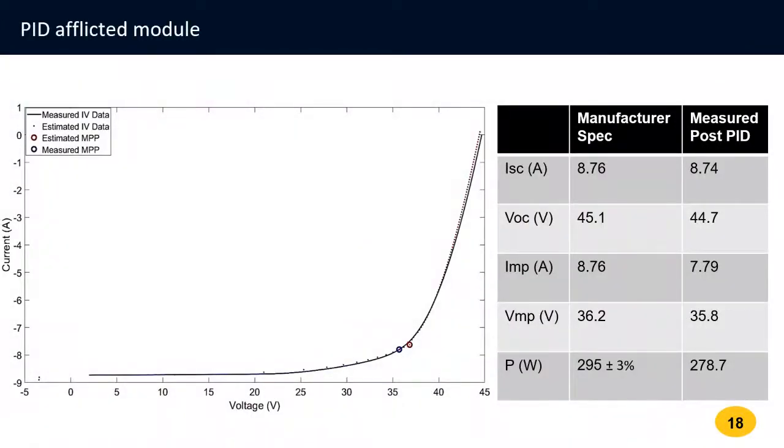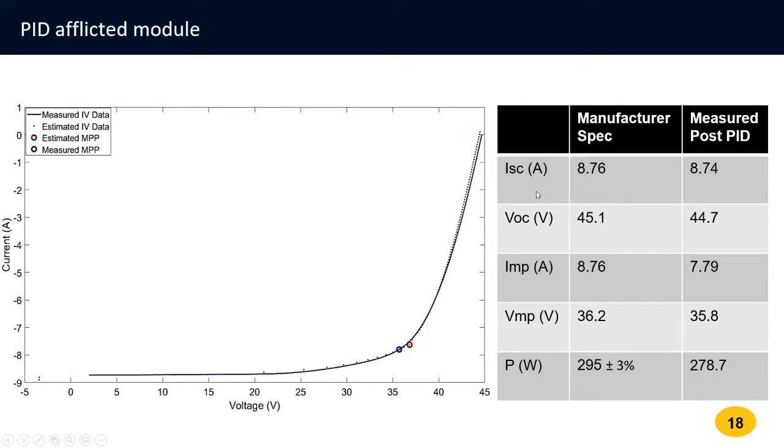Okay, so this slide contains both the measured IV data on the left here and the estimated IV data using my technique, and on the right I show the manufacturer specs and the post-PID measured values.